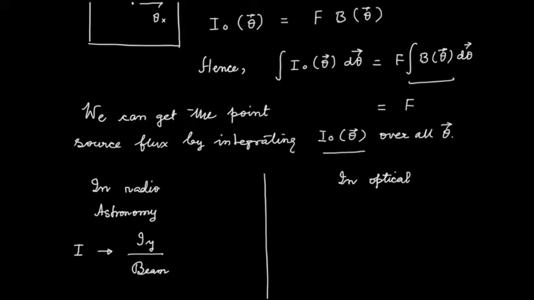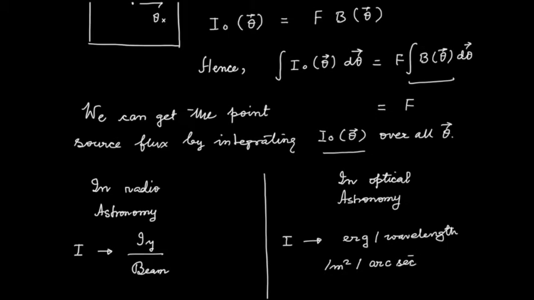So this has the Jansky per steradian, which is the actual unit of I. In optical astronomy, one chooses the unit for I as erg per wavelength per meter square, and then usually per arcsecond square. There are differences. There is not a very standard of the units, but this is usually what one chooses.